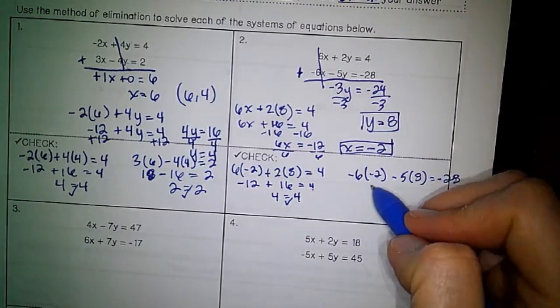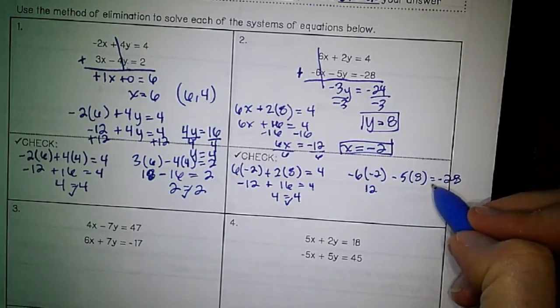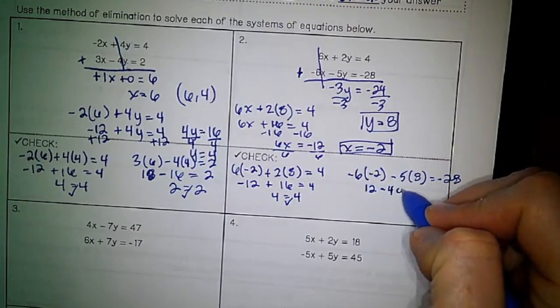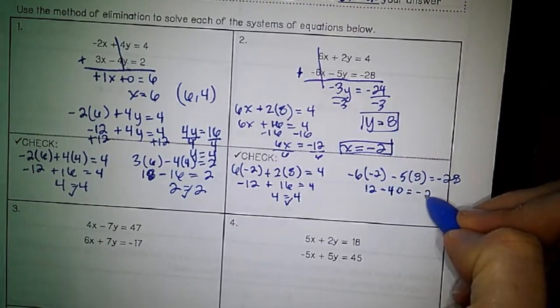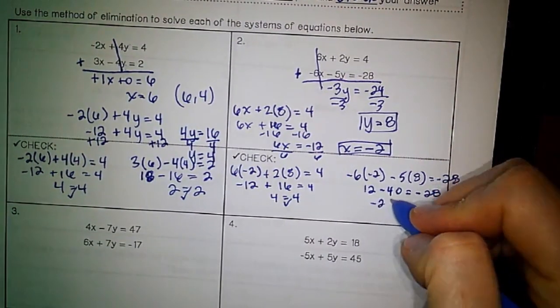Negative 6 times negative 2 is a positive 12. Negative 5 times 8 is a negative 40, equals negative 28. Does negative 40 plus 12 equal negative 28? Negative 28 equals negative 28.